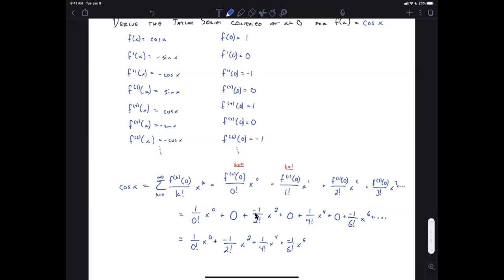Okay, now what I want you to do is take a minute, just a few seconds. I'm going to mute it for a minute and let you do it, but come up with the next 3 non-zero terms. So write what the next 3 non-zero terms are, and then we'll do it together in just a second.